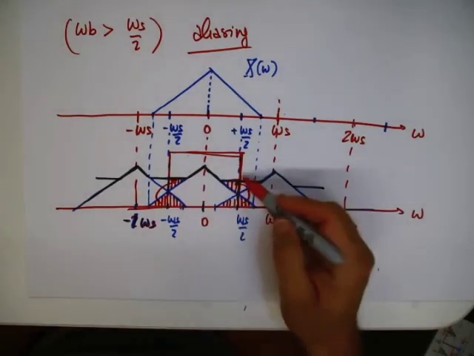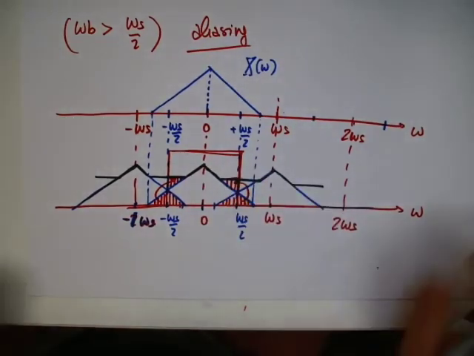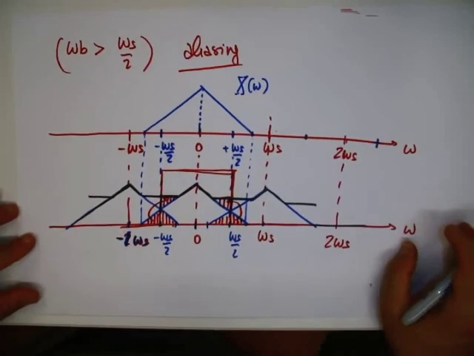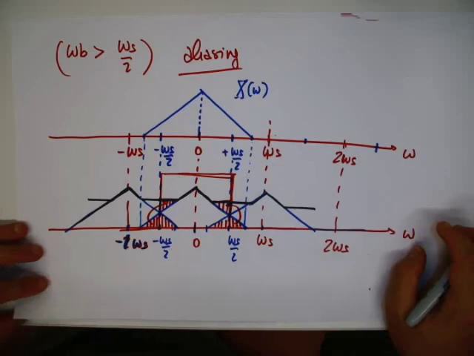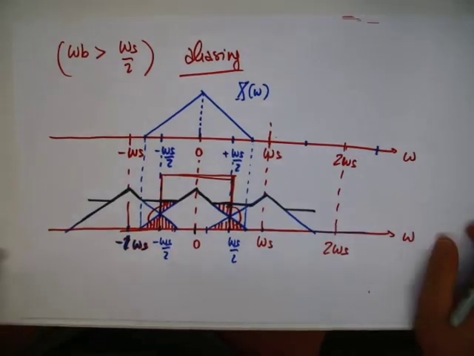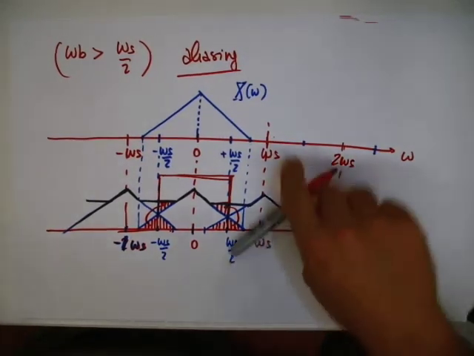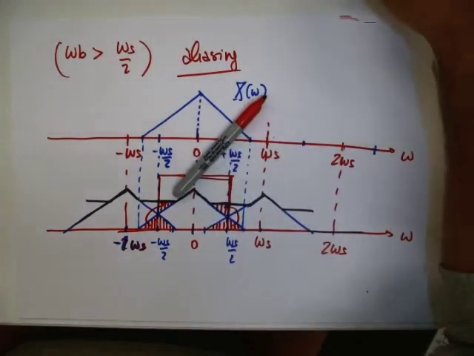So we get these aliased frequencies that are going to corrupt the reconstruction, and so we cannot recover the original signal because we have aliasing. Okay, and that concludes the lecture. Thank you.